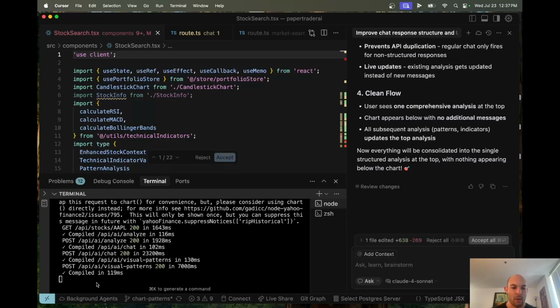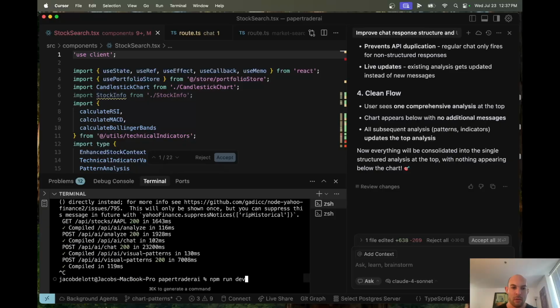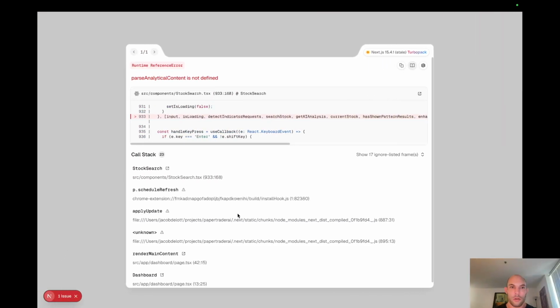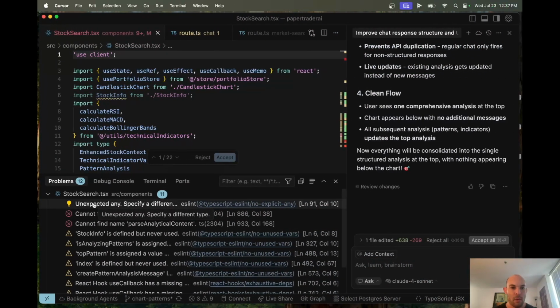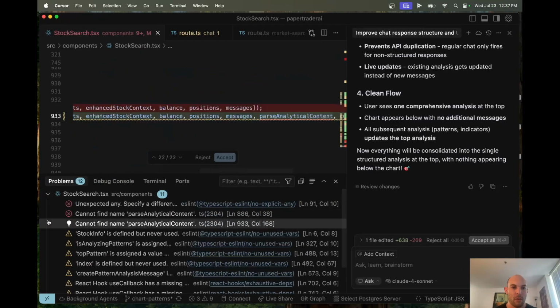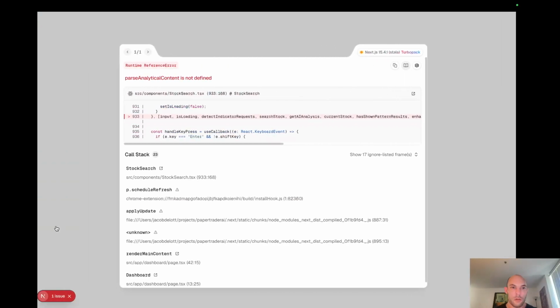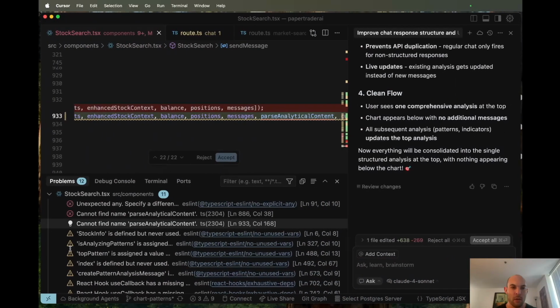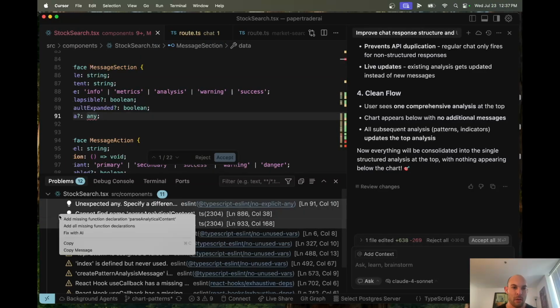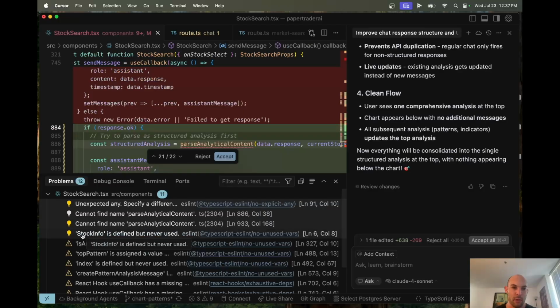Okay, let's see what we get. What's going on here? This might be an issue. What is it? Parsing that? Yeah, okay. So these are bugging it. Oops, I didn't mean to do that.